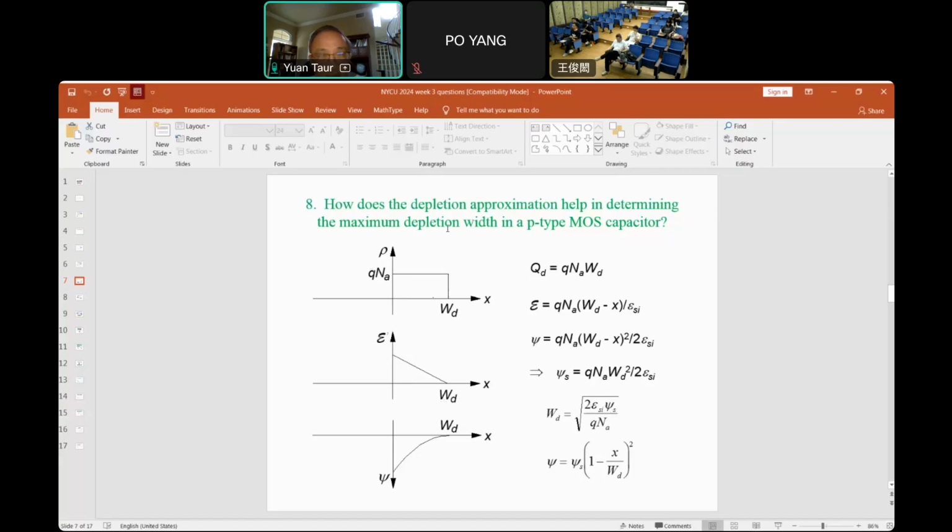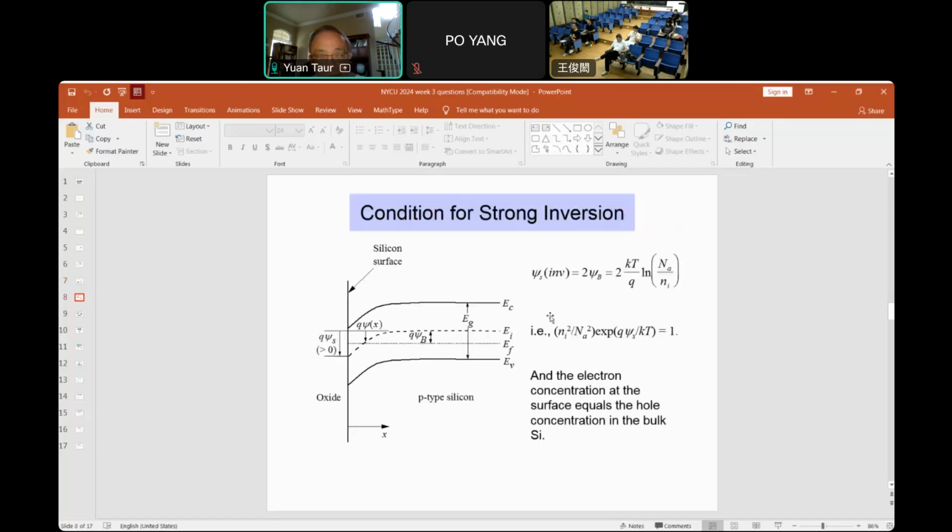So when there's a strong inversion condition, psi S equals 2 psi B. And so when psi S equals 2 psi B, the depletion width reaches the maximum because now you have a lot of inversion charge at the interface, which responds to the more positive gate voltage.